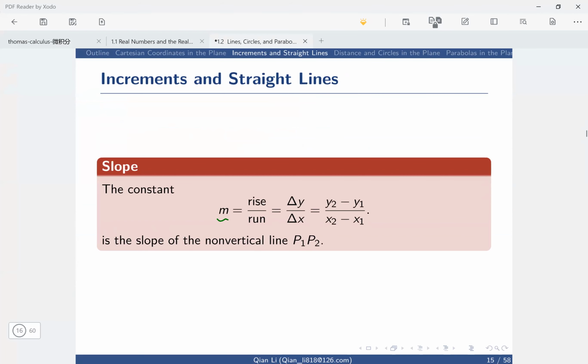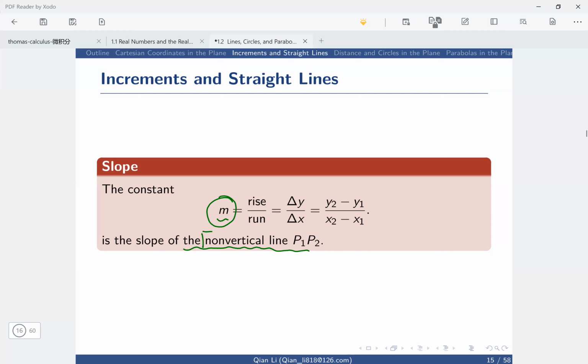When we divide the rise by the run, it is equal to delta y over delta x, which is equal to (y sub 2 minus y sub 1) over (x sub 2 minus x sub 1). We call this m the slope. This is a new definition: the slope of the line P sub 1 P sub 2.